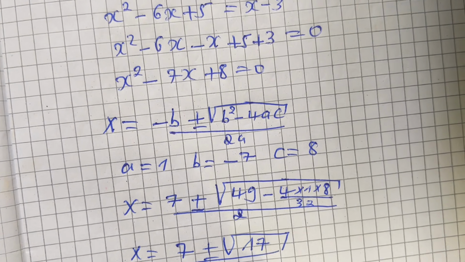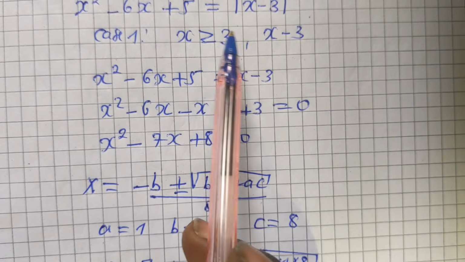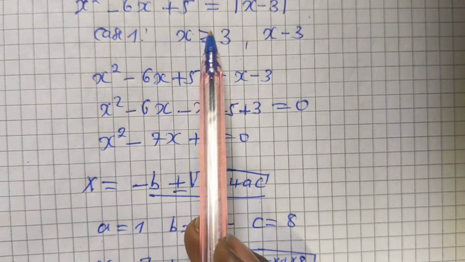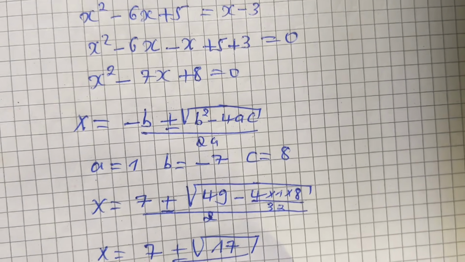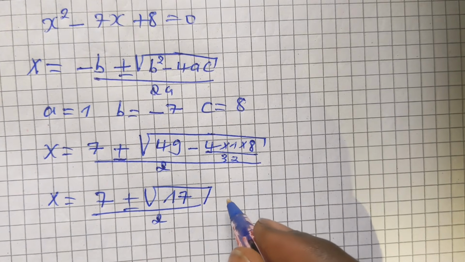Because from above we said that for this case x must be greater than or equal to 3. So from these values we'll be having two values.